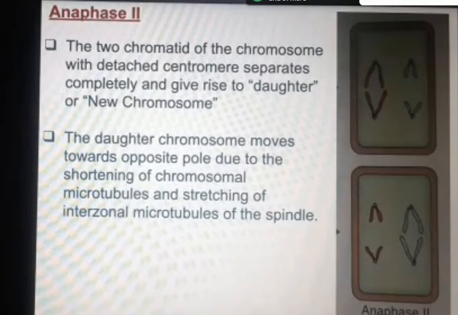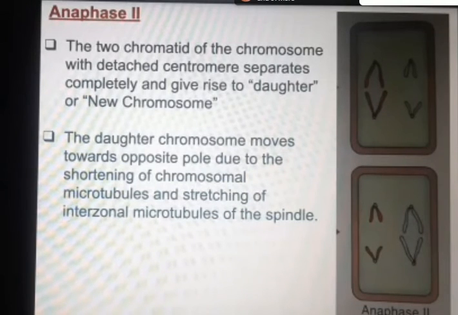So when these sister chromatids, the new chromosomes, were detached, at the same time the microtubules also started to work and help in the movement of the chromosomes from the equatorial plate towards the respective poles.